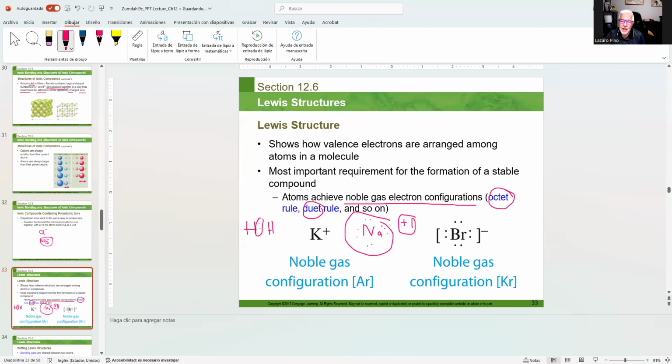This octet, 8 electrons, is what we call the noble gas electron configuration. Then sodium tries to get an octet, and hydrogen tries to get a duet.